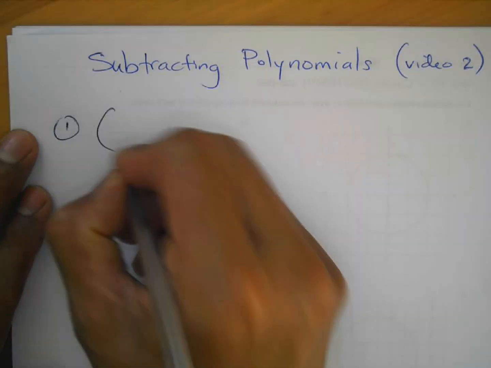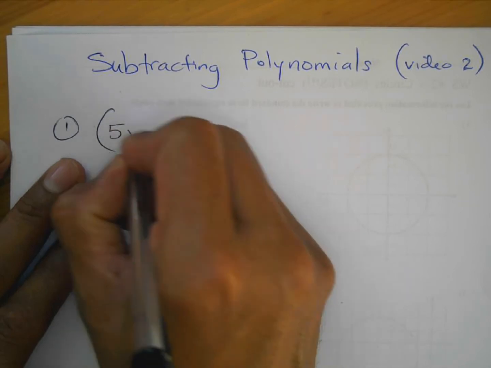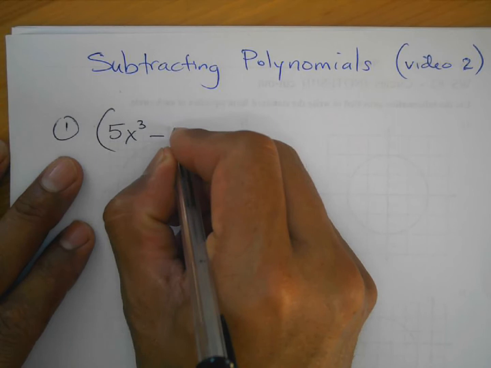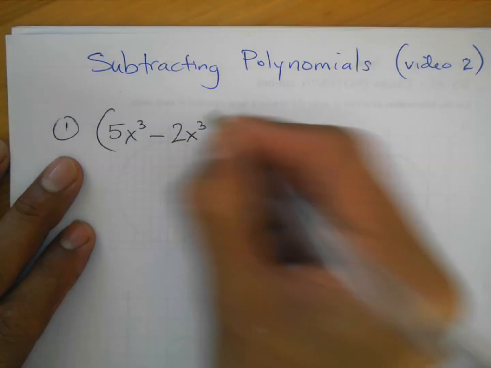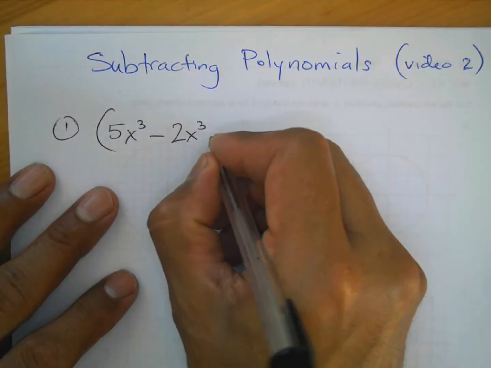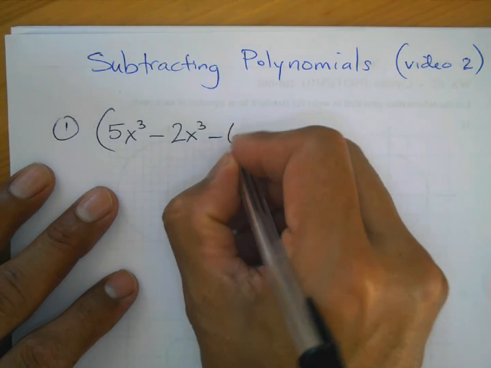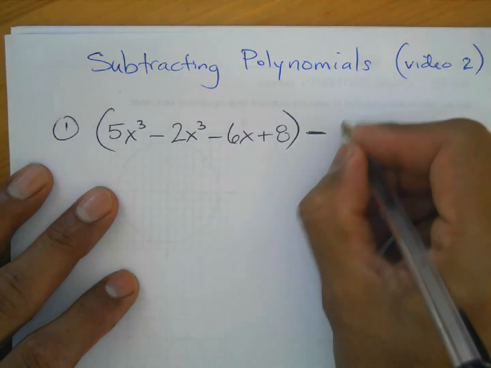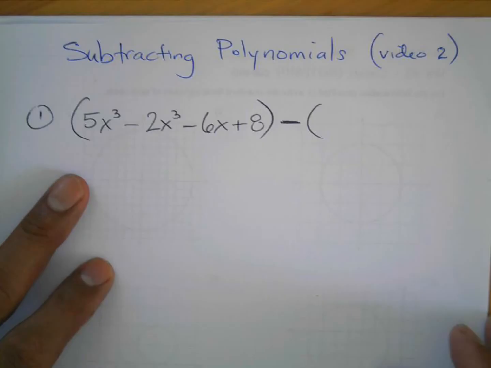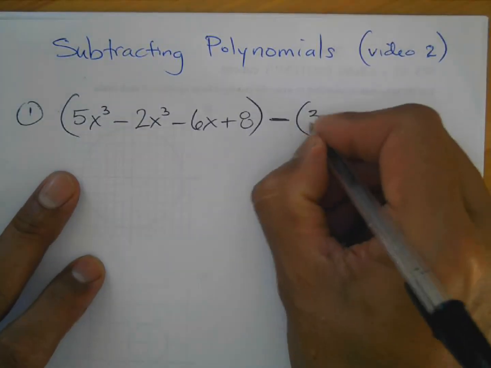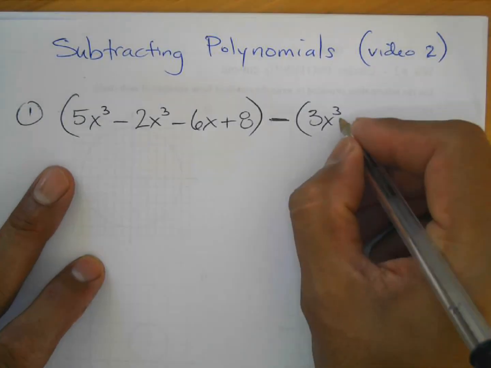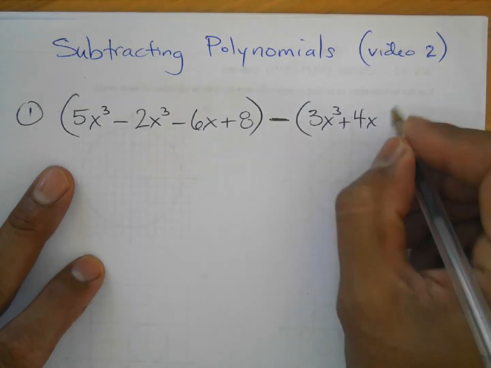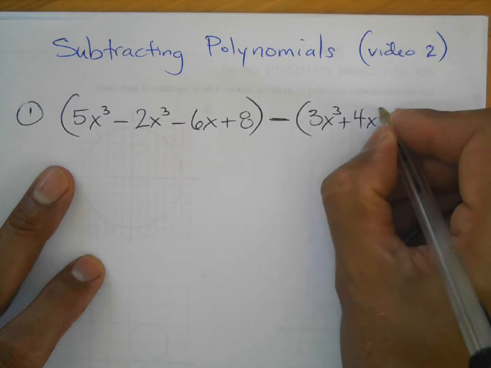Number 1. So let's say if I have 5x cubed minus 2x squared minus 6x plus 8, minus, and then we're going to have 3x cubed plus 4x squared.